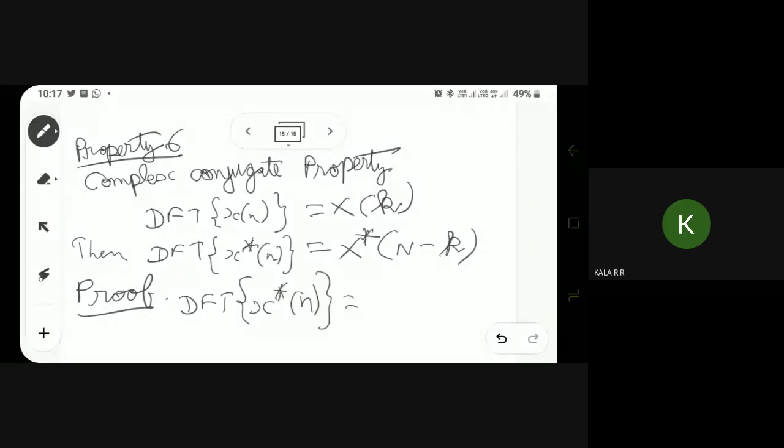Instead, that be x star only different. So this becomes summation n equal to 0 to n minus 1, x star of n e power minus j 2 pi k n by n. Okay, so here this alone becomes the conjugate. So that's the only difference.